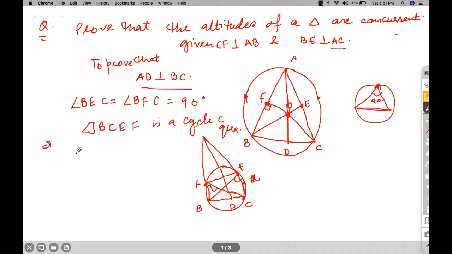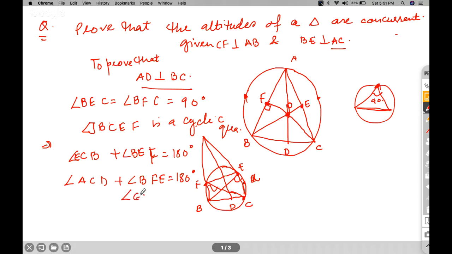So if it is a cyclic quadrilateral, angle ECB plus angle BEF is equal to 180 degrees, and similarly angle ACD plus angle BFE is equal to 180 degrees. So why is this possible? Because angle ECB is also equal to angle ACD.